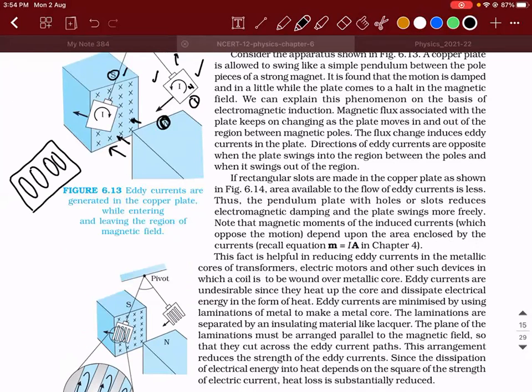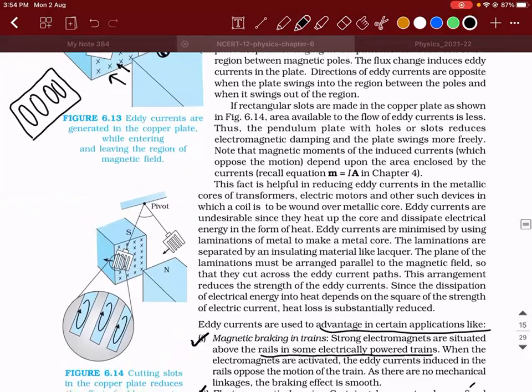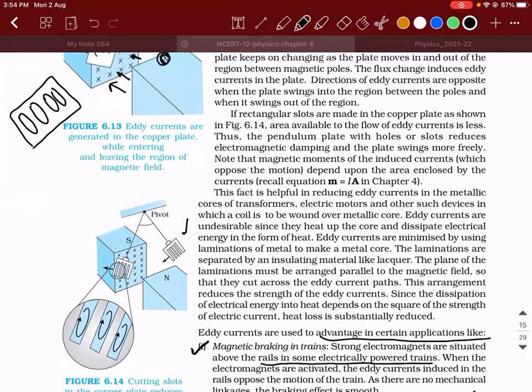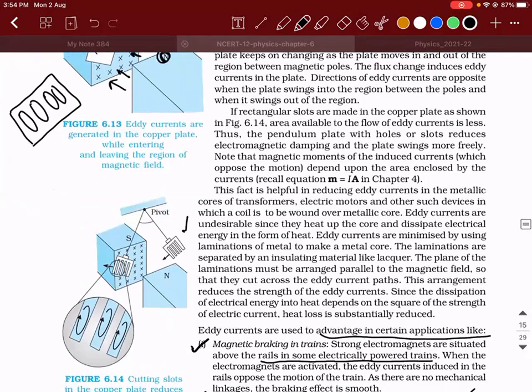But if you observe, it is not happening with the sheet which has a comb-like structure because it is an open thing. So the eddy currents that get generated cannot be in continuous loops, right? So that is the reason why there is no eddy current produced in this scenario.